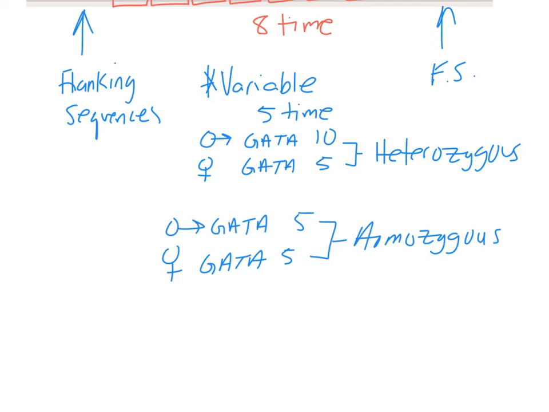So when we run a gel, some elephants could show a homozygous result. The band would come up at the same place because they're the exact same lengths, maybe 5 base repeat lengths.